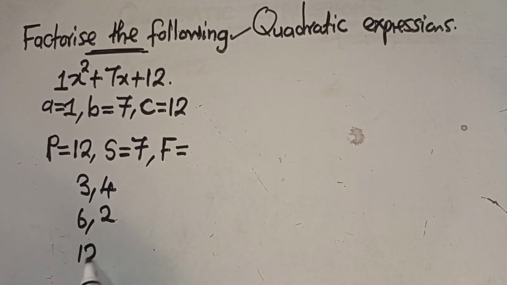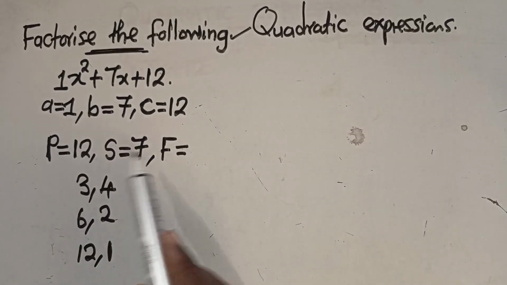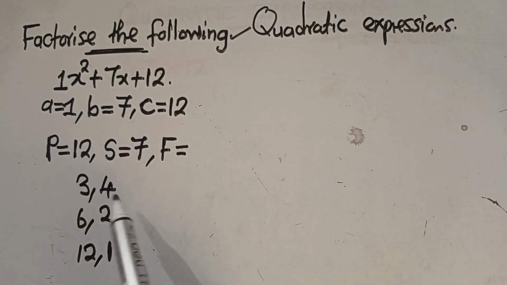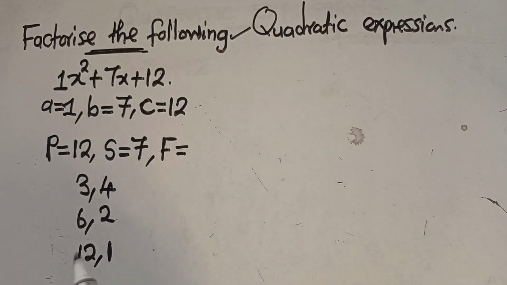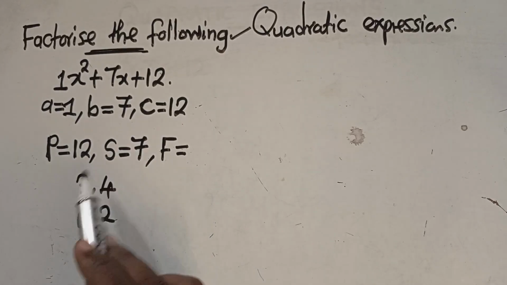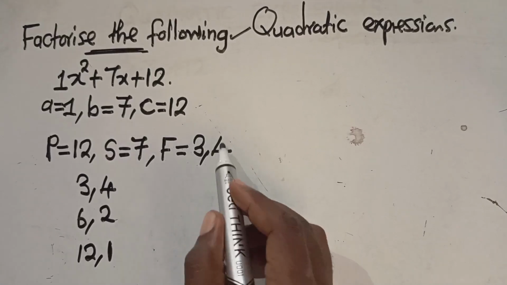We've got 12 by 1, which is also 12. These are positives, so which pair can you add to get 7? If you add 12 and 1, you get 13. Add 6 and 2, you get 8. But if you add 3 and 4, you get 7. So meaning that these are the factors: 3 and 4.